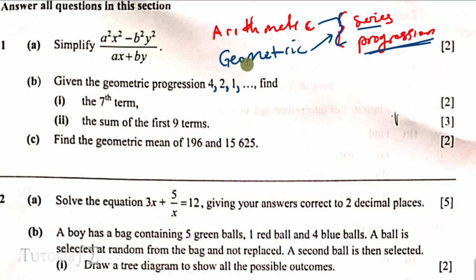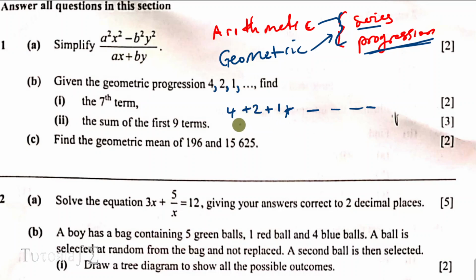Then a series. A series will have a pattern separated by addition or subtraction. So for instance, you can have 4 plus 2 plus 1 plus and so on and so forth until infinity. You know that this is a series because the numbers are separated by a plus.